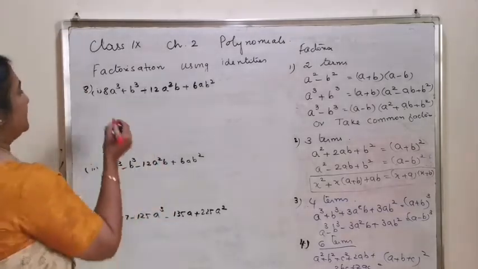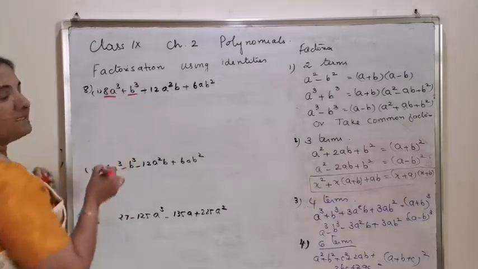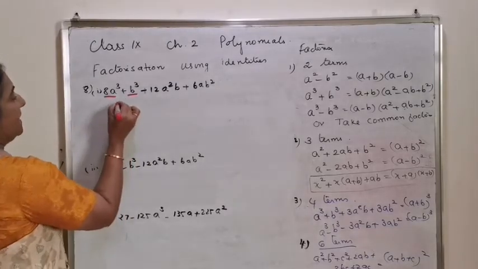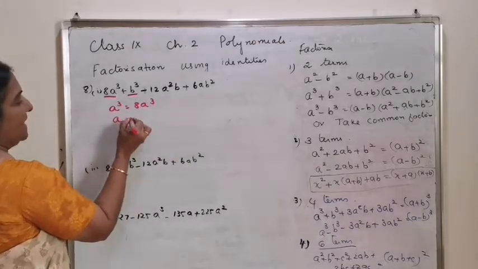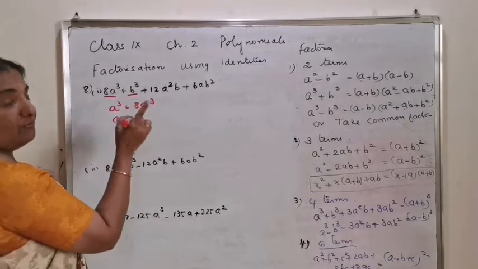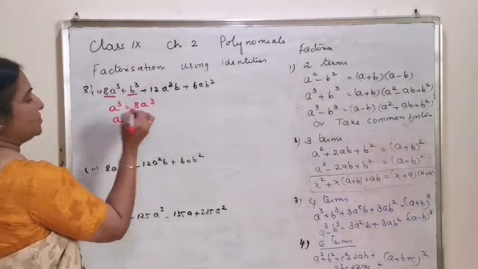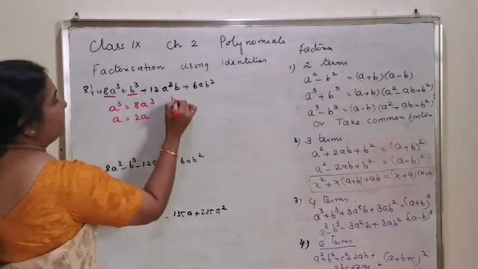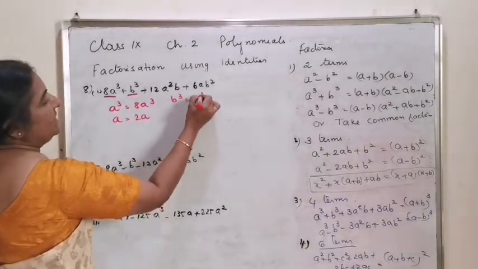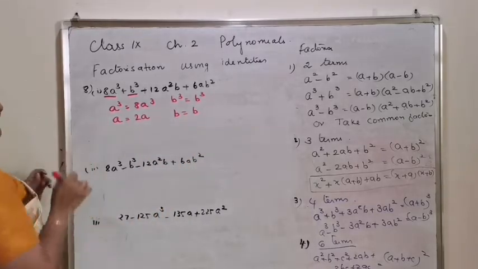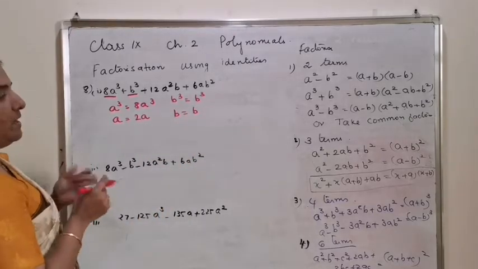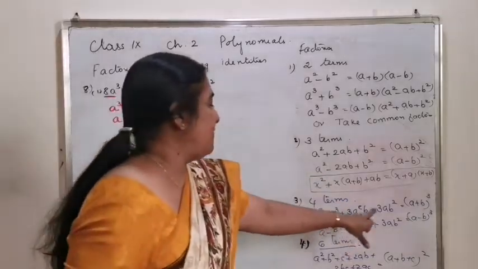Identify the cube terms 8a cubed and b cubed. That is, a cubed is equal to 8a cubed, which will give you a as the cube root of 8a cubed, which is the same as 2a. b cubed is equal to b cubed, giving you b equal to b in this particular question. How do you arrange into this format?